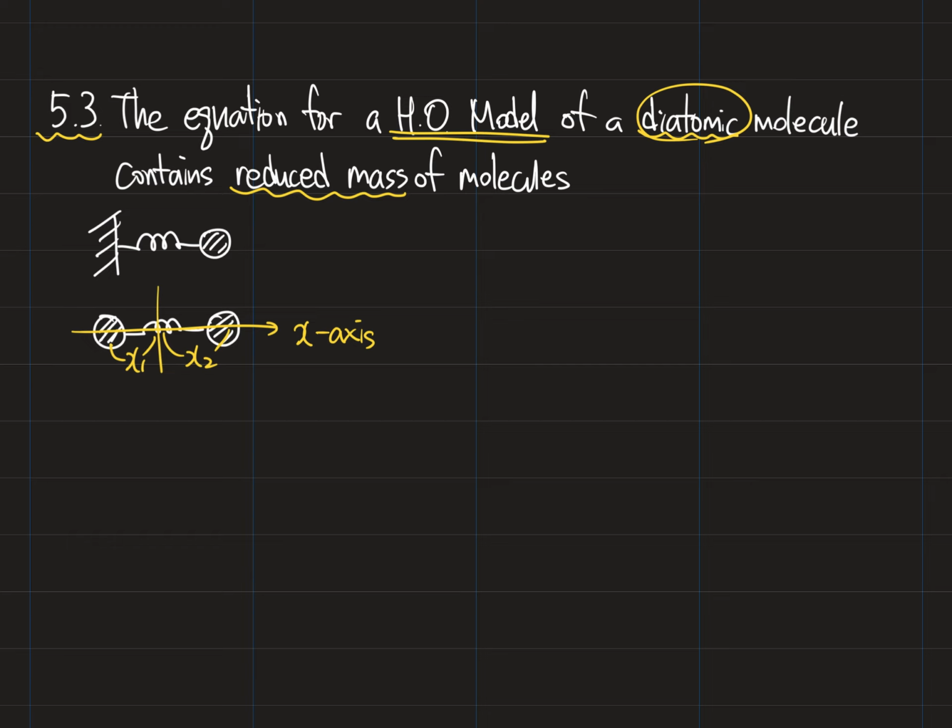We have the particles with mass m1 and m2 at each position. And for sure, the distance between the two particles, the two atoms, should be denoted as L0. So L0 is the equilibrium length between the two atoms.